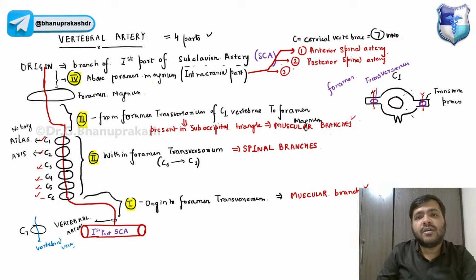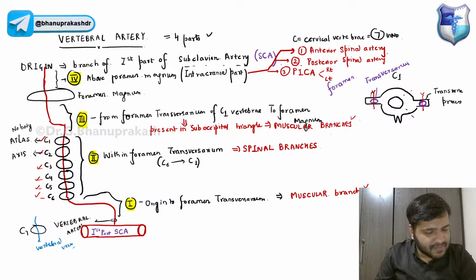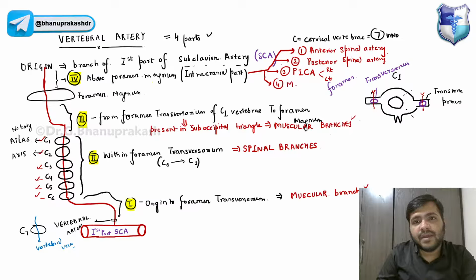Then, guys, we have one more over here. Remember, that is the posterior inferior cerebellar artery, the right and the left. The right posterior inferior cerebellar artery and the left posterior inferior cerebellar artery. Then we also have the medullary branches. And remember, we also have the meningeal branches.